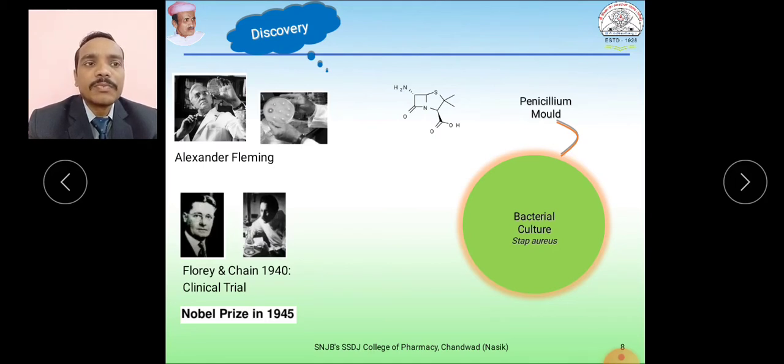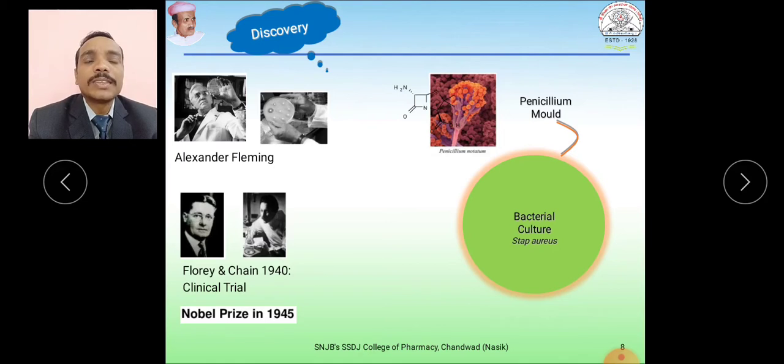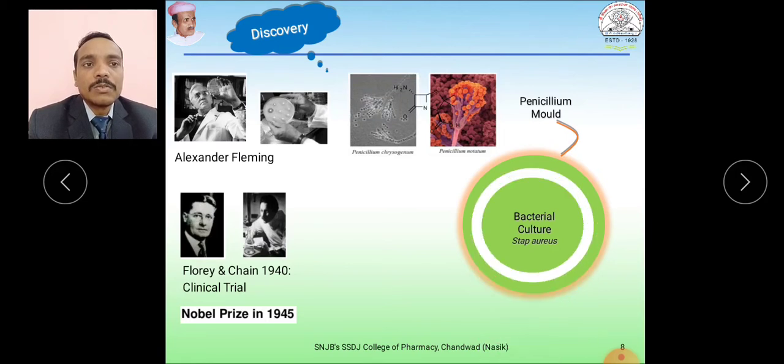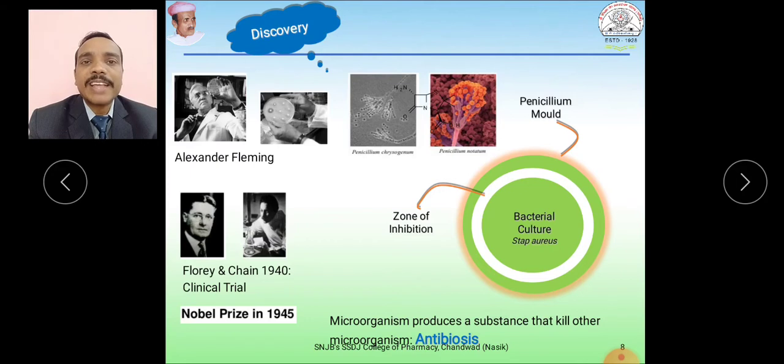He worked on that and found that the plate was surrounded by some mold. That mold was a Penicillium mold, and he thought that a compound isolated from the Penicillium mold inhibited the culture of Staphylococcus aureus and showed the zone of inhibition. By this he isolated the compound, and that was the discovery of penicillin.